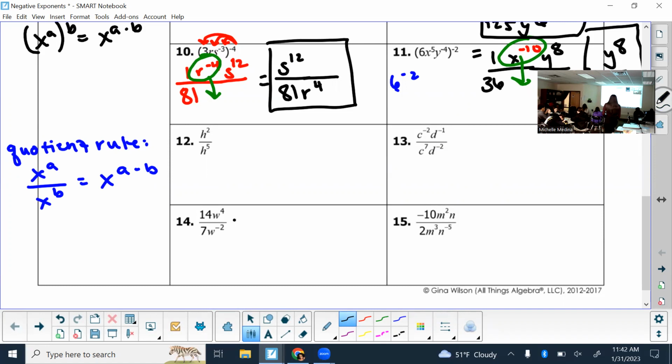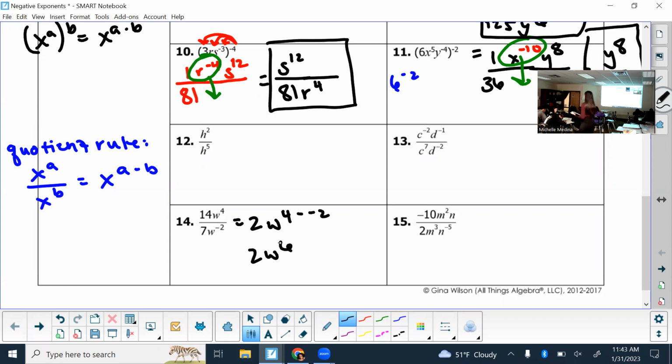What's 14 divided by 7? 2. So coefficients you treat normal, but variables you use that quotient rule. So it's going to be W to the 4 minus a -2. What's that? Positive or negative? Positive.